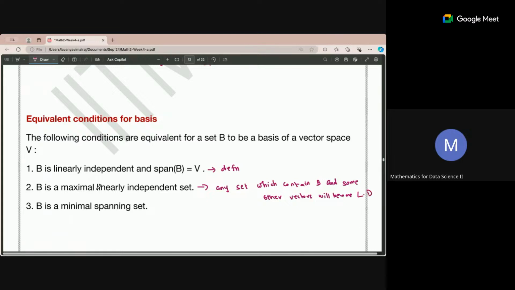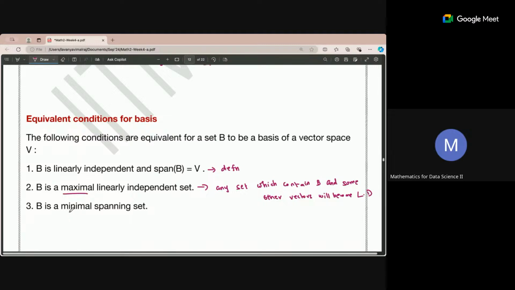That is maximal. It means once you have the set, if you add anything to that, it will not be linearly independent. So that is called a maximal linearly independent set. That is the maximum number of vectors you can have in that set B. If you add anything to that, it will become linearly dependent. That is what is meant by maximal.